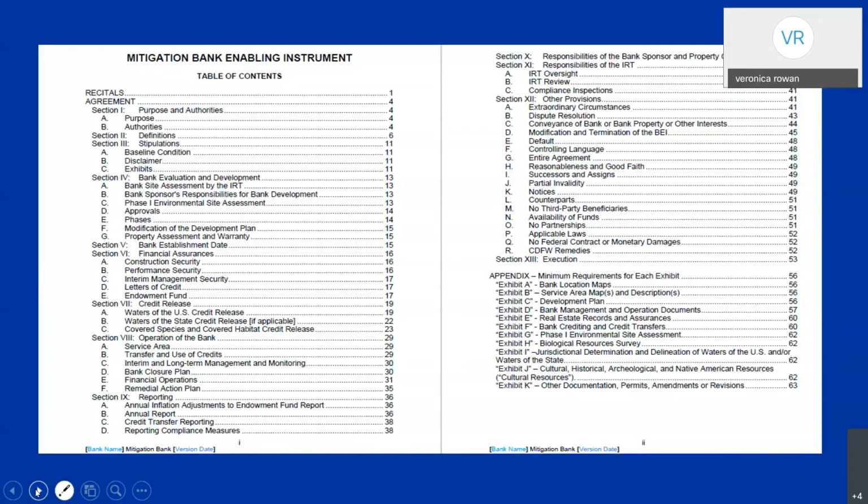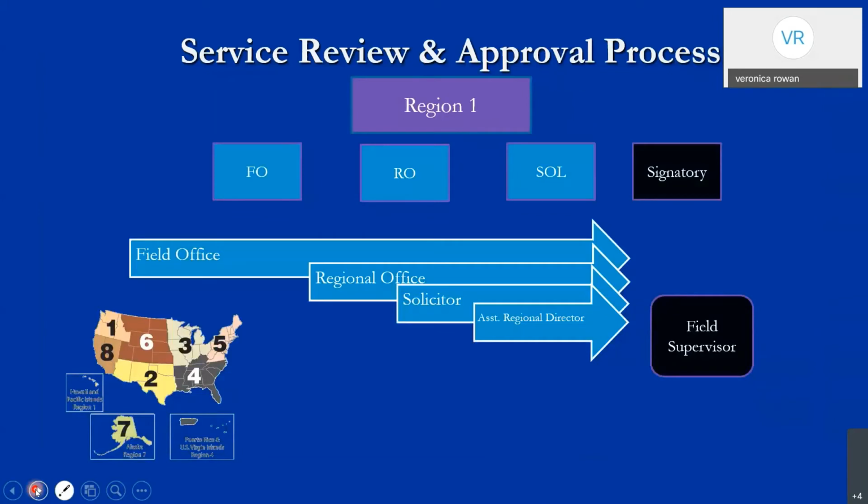So let me just talk about what the review process for the service actually looks like. And it varies by region. The next few slides are just examples of the regional differences in the service's approval process. So here we have Region 1, where all of these banks start out at the field office level.